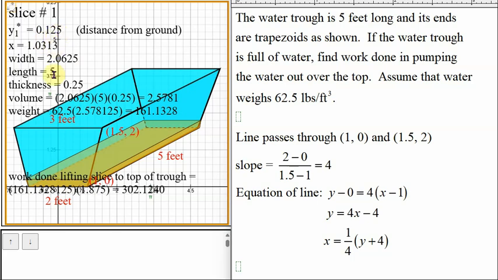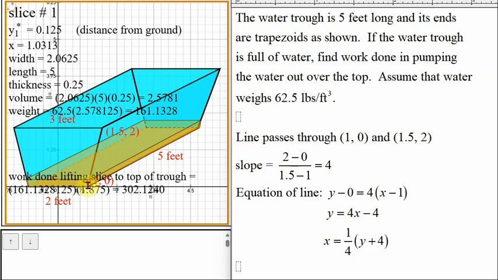And so right in the middle right here is 0.125. And therefore, when y is 0.125, to find the corresponding x, we replace y here with 0.125, and that will give us an x of 1.0313. And so the distance from the y-axis to this line, at y equal to 0.125, is 1.0313.